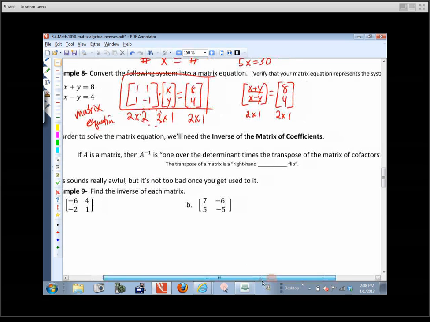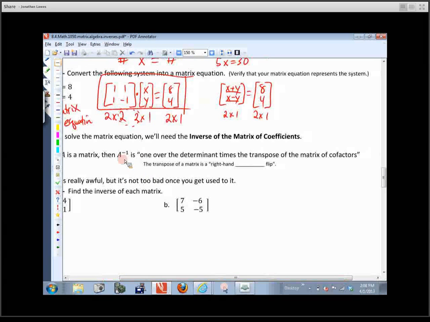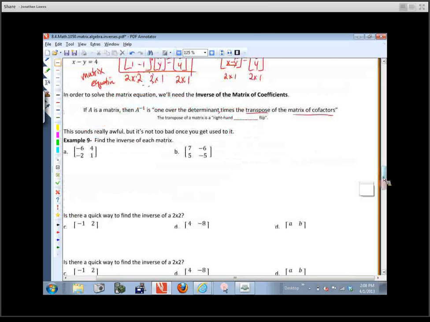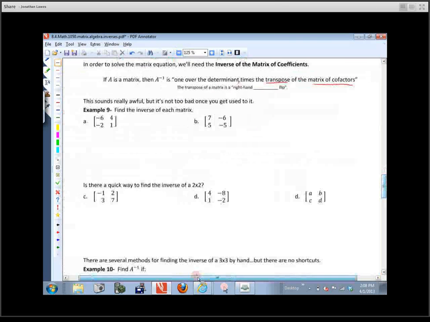And here's how we find the inverse. Okay, the inverse of a matrix is 1 over the determinant, we'll put a comma there, times the transpose of the matrix of cofactors. So you have to find the determinant, and you do 1 over the determinant times the transpose of the matrix of cofactors. So transpose is a new word, and matrix of cofactors, we've heard of cofactors before, right? Okay. So let's go through and let's find some inverses.